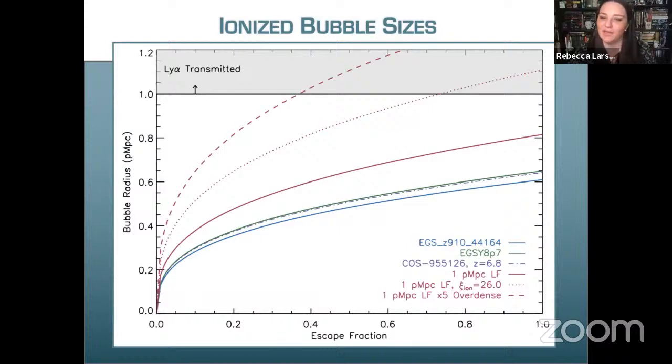I would expect an escape fraction of 30% to be more likely than an escape fraction in this range over here. But I will also caveat this was a pretty quick assumption and a pretty quick calculation where we weren't making escape fractions halo mass dependent, which we expect them to be, not the same escape fraction for all of the galaxies, which is what we did here in this calculation.